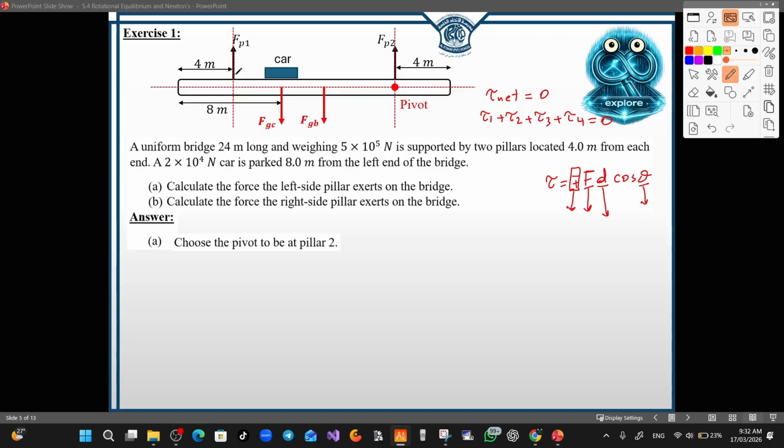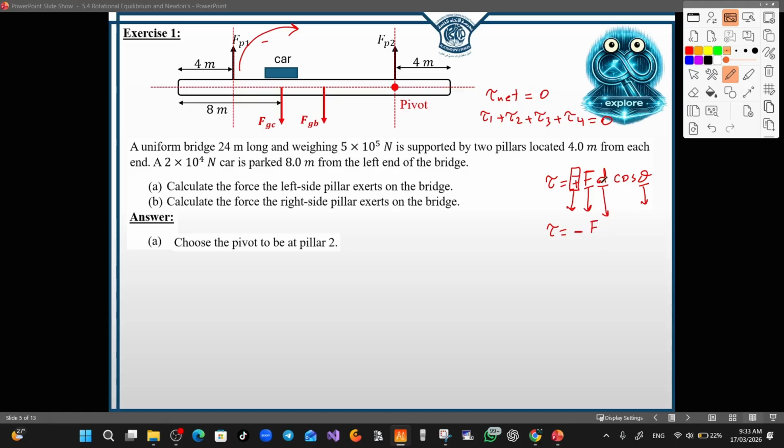Now, this force has a rotational effect in this way, which means the direction here will be clockwise. And whenever the force is in the clockwise direction, we use the minus sign for its torque. Now the magnitude of the force is missing here.